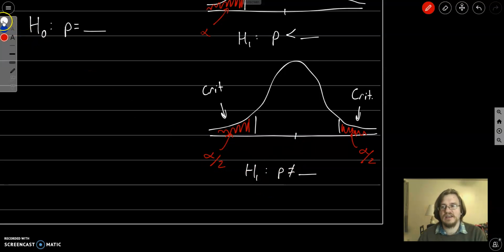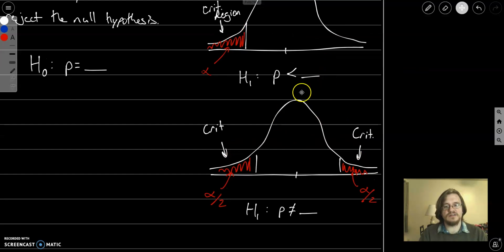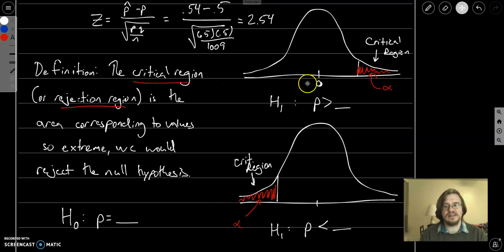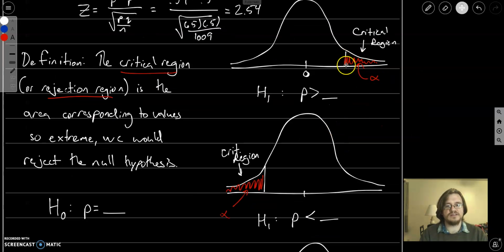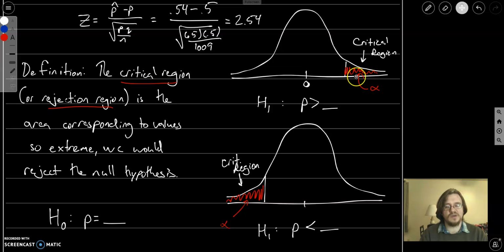Ultimately, we can figure out whether or not our test statistic is unusual in two ways. If our test statistic lies in the critical region, we reject the null hypothesis. If it's not, then we can't really say much.